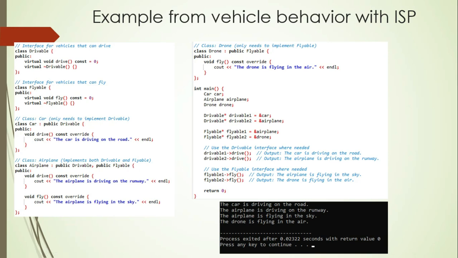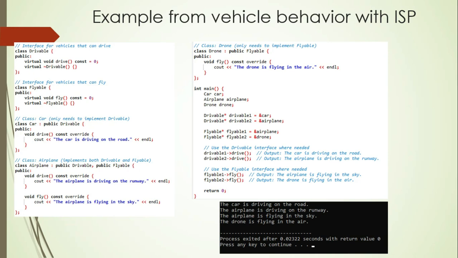Now we come to the main code. So we have Car, Aeroplane, Drone, where Car is a class and we have taken the object car. The car, aeroplane, and drone, these three objects represent different types of vehicles.